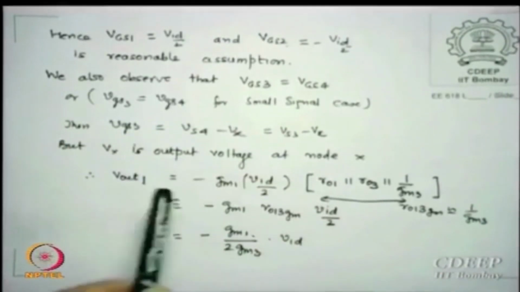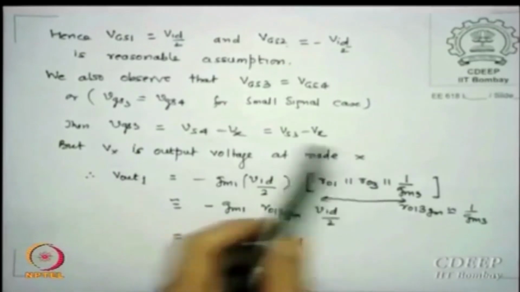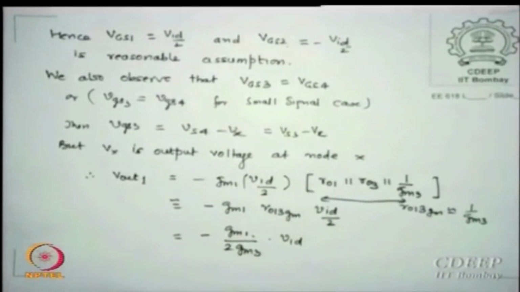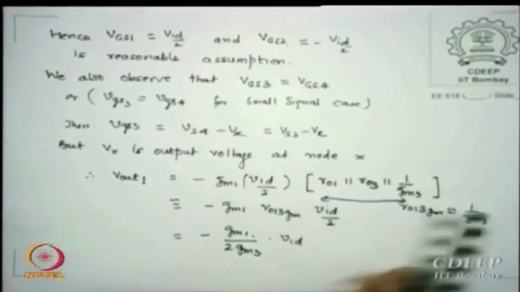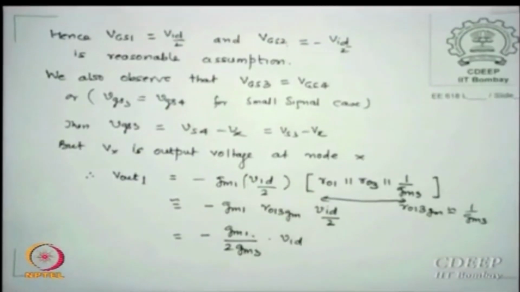So if Vx is the output node voltage, which is our Vout1, then it is GM VID by 2 times a combination of RO1 parallel RO3 parallel 1 upon GM3, whichever is smaller will be dominating. Right now I just kept all three in parallel. In reality, whichever is smallest among the three will take care, as with 1 upon R plus 1 upon R1, whichever term is smaller is the dominant one.